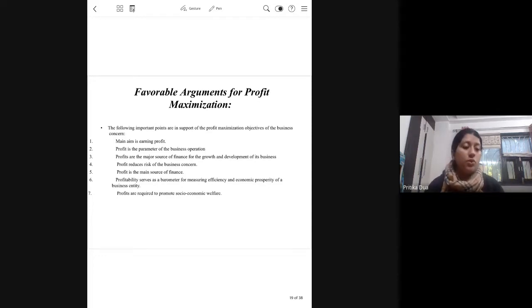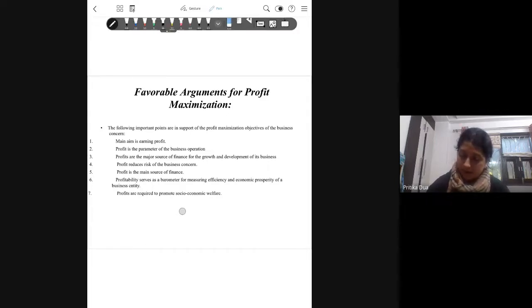And I also explained to you that profit maximization is maximizing the earning per share of the investor, and EPS is equal to the profit after tax, or even better, the term used here is earnings available to equity shareholders.